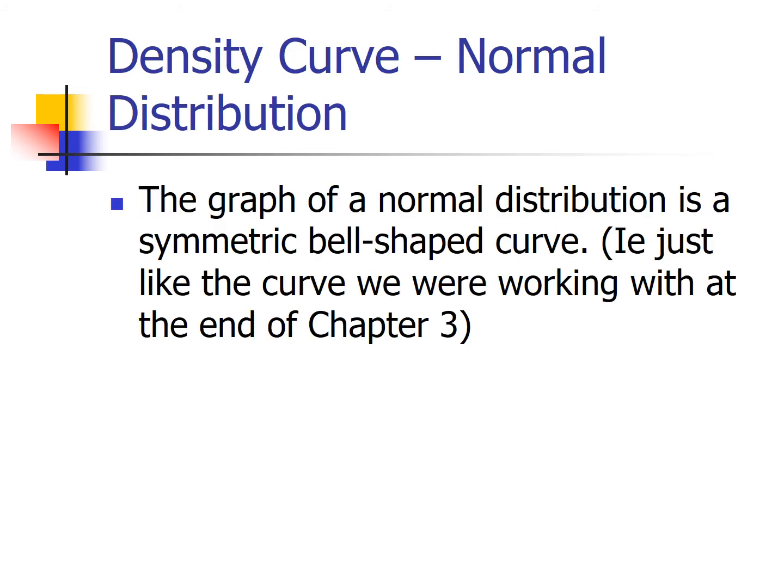Now, with respect to the normal distribution and its density curve, the graph of a normal distribution is that familiar, deja vu, symmetric bell-shaped curve, exactly like what we were working with at the end of chapter 3 when we were doing problems with z-scores, and looking at things like the weight of a walrus, or the score on some sort of SAT exam, or just some Math 121 exam.